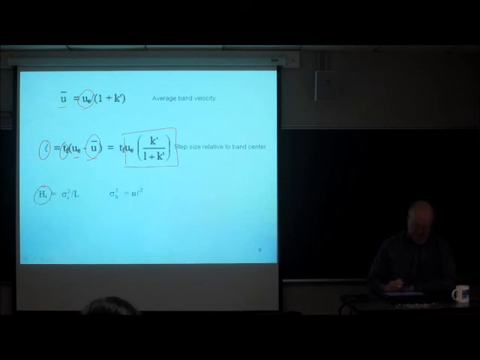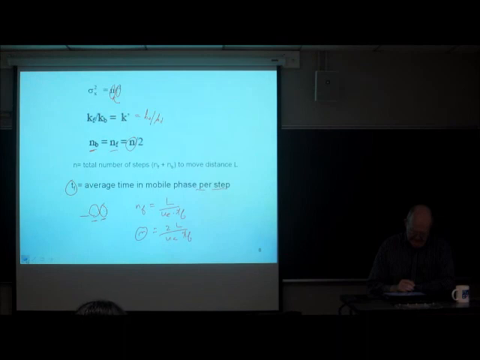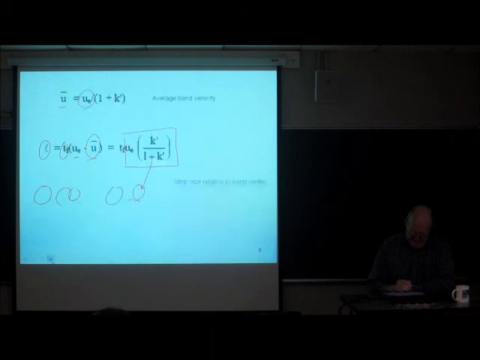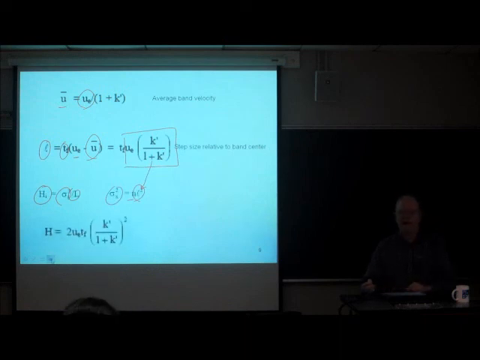So H is sigma squared over L. Sigma squared is N times L squared. So we're going to put this in for L squared. Sorry, I've got to go back. We're going to put this in for N. And do my algebra.